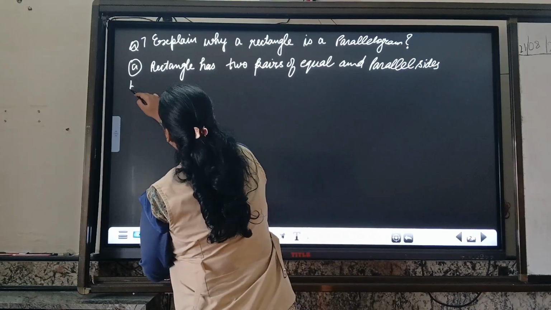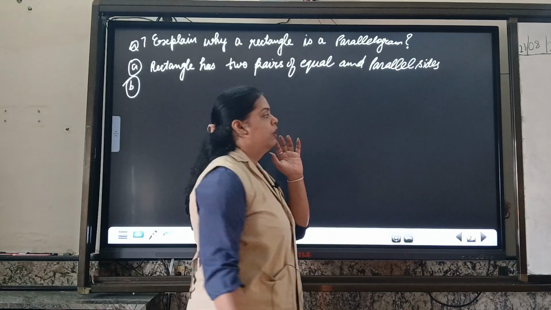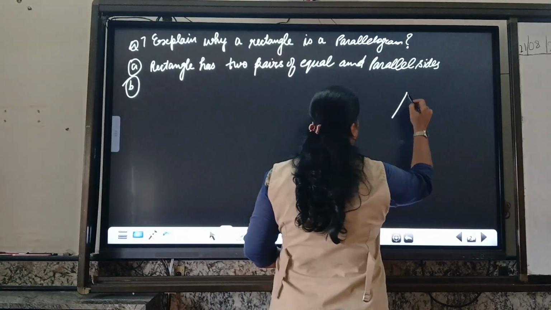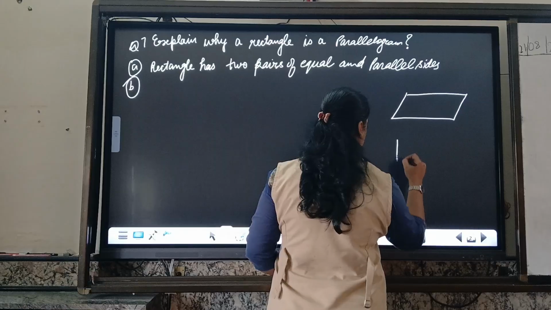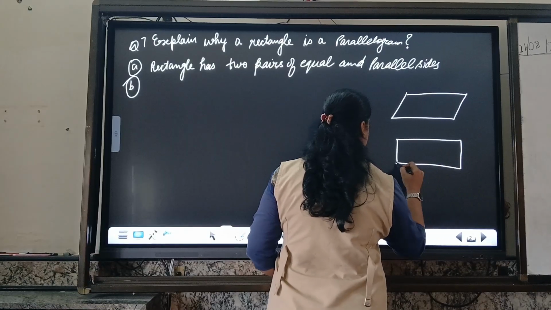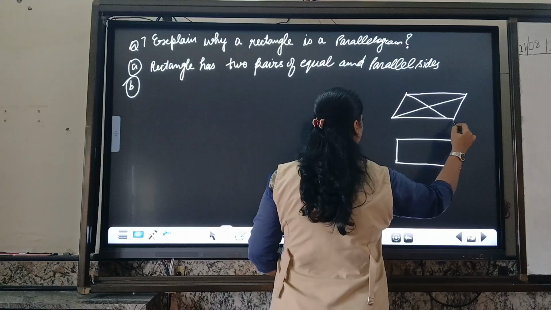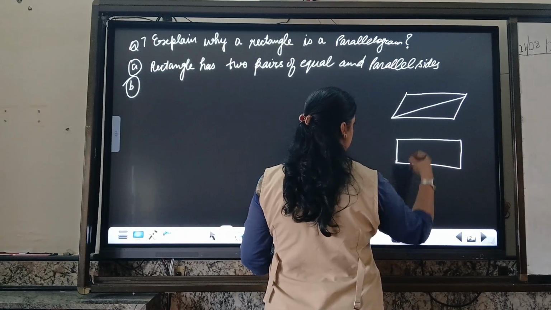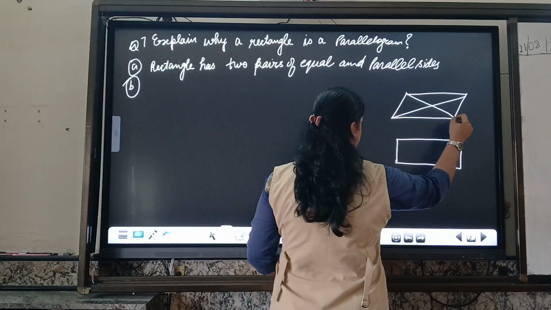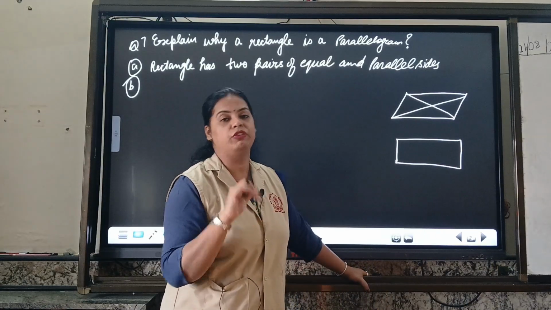What is another thing which is similar in the rectangle and parallelogram? In a parallelogram we notice that diagonals bisect each other. So here are diagonal 1 and diagonal 2. Diagonals bisect each other means each diagonal will divide the other diagonal into two equal parts.